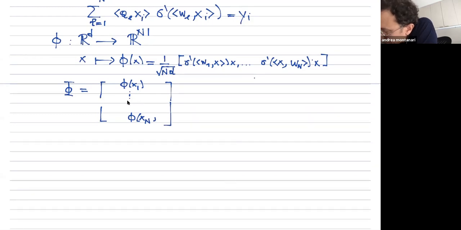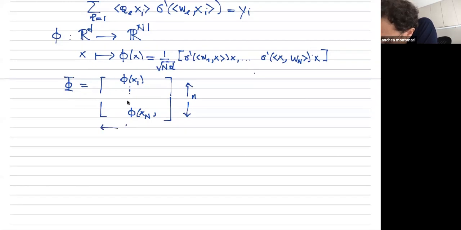And so this is a matrix that is n by Nd, and the set of linear equations is just capital Phi times a equals y.